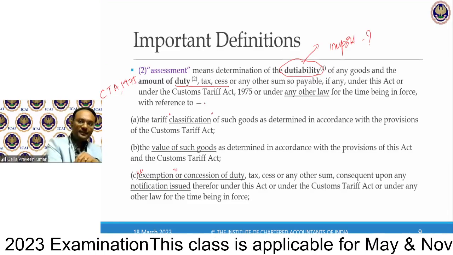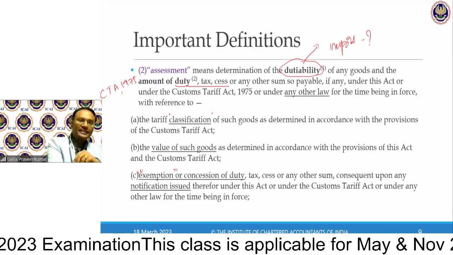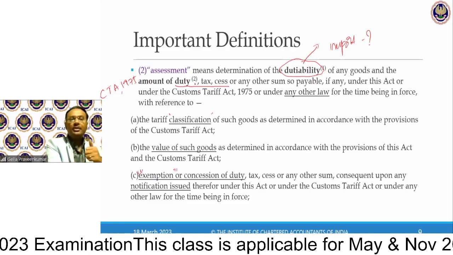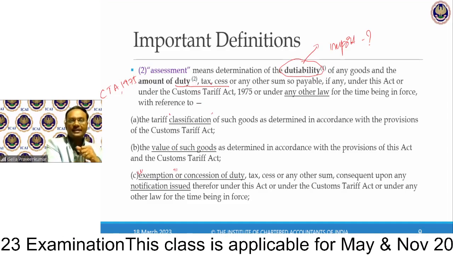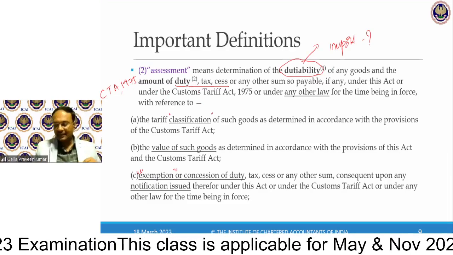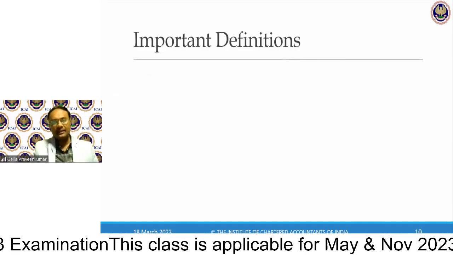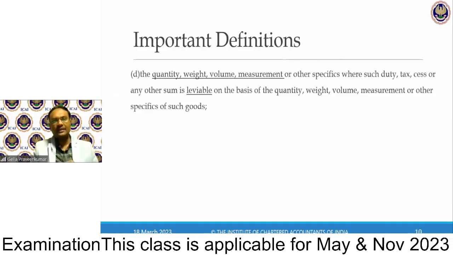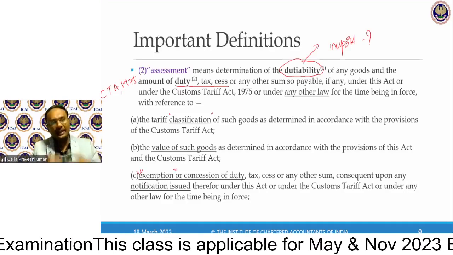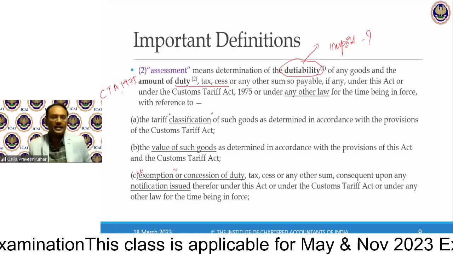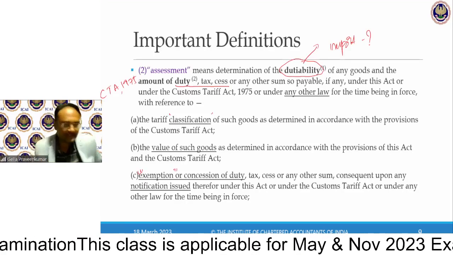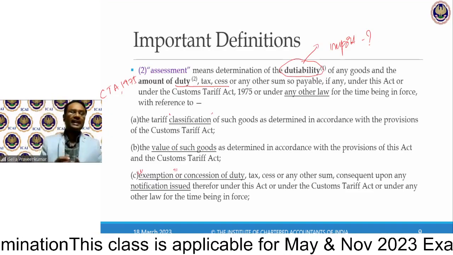of any goods and the amount of duty. Now, when I say amount of duty, I made you write duty plus tax plus cess. There is one slide where I've explained in a diagrammatic manner why this duty, tax and cess is referred. We will hold this language.